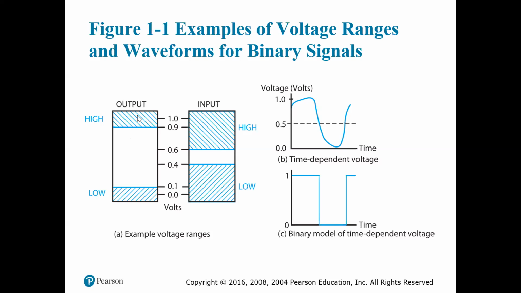Here we have an example of an analog signal, which ranges from minus 0.1 to plus 1.1. And in this example, any signal above 0.9 would be considered a high. Any signal below 0.1 would be considered a low. In the second example here, any signal above 0.6 would be considered high. Any signal below 0.4 would be considered low.